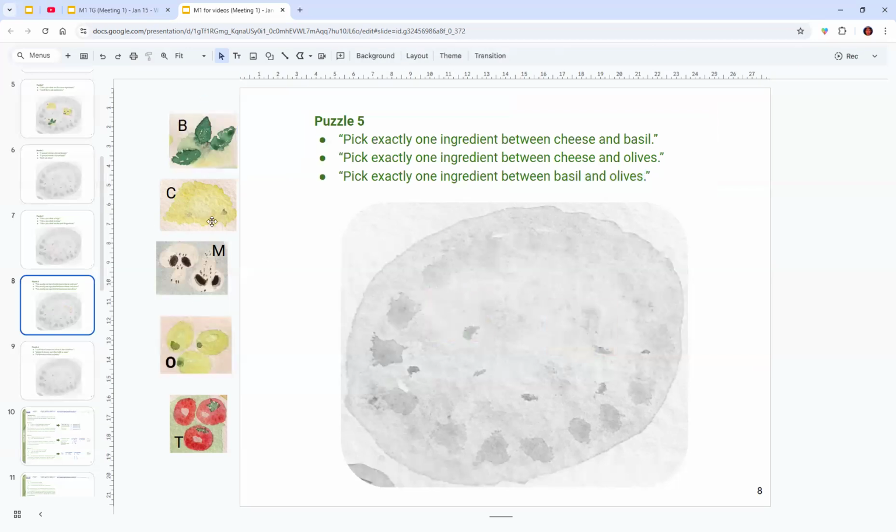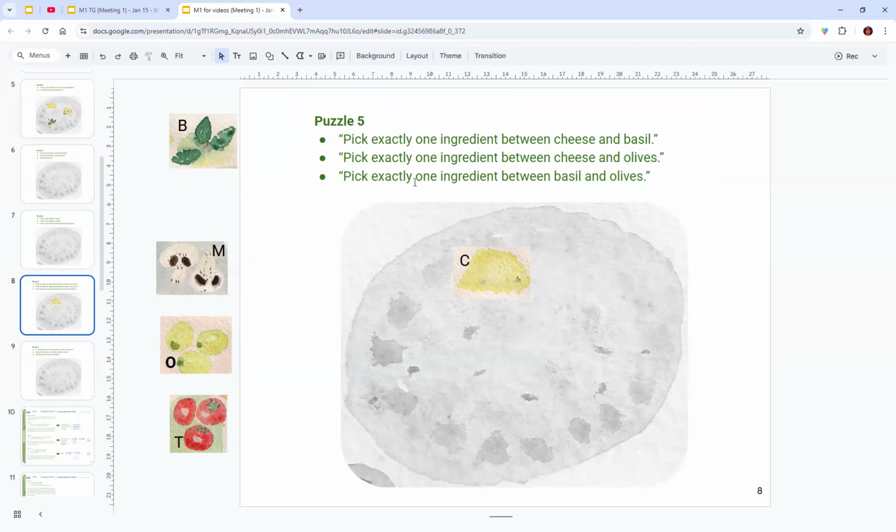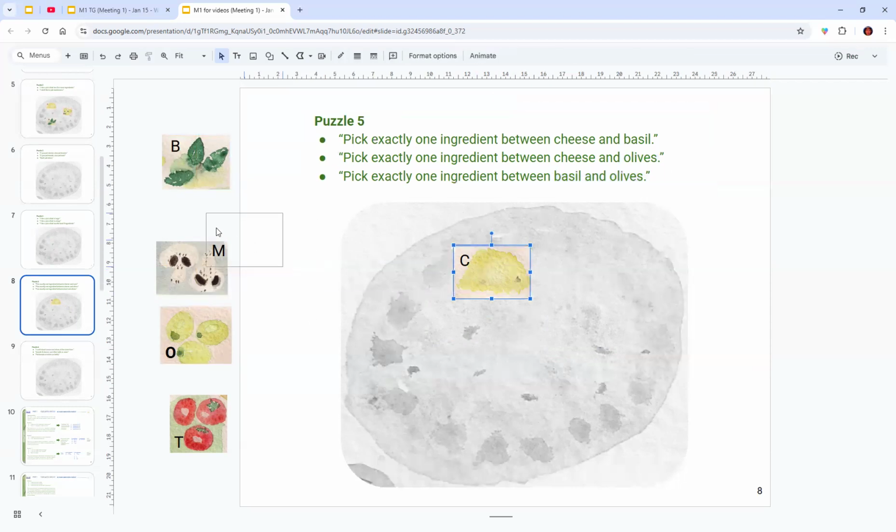Let's see. Let's say we pick cheese here. Okay, and not basil, right? Between cheese and olives, pick one. Well, we already have picked cheese, so we cannot pick olives. But then something interesting happens because in the first two clues, we said no to basil and said no to olives. But now we have to say yes to one between basil and olives. So this is a very fun puzzle that has 0 solutions.